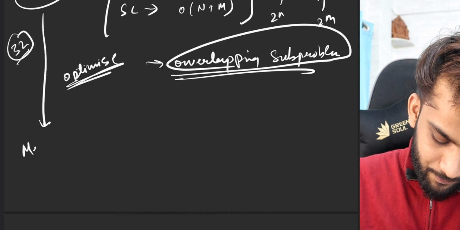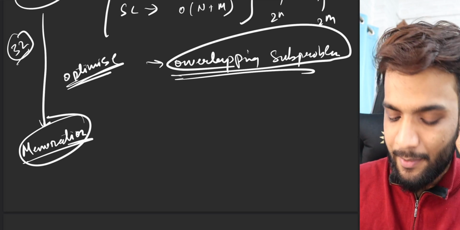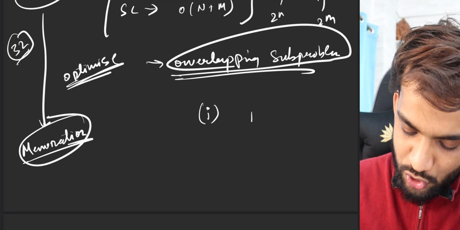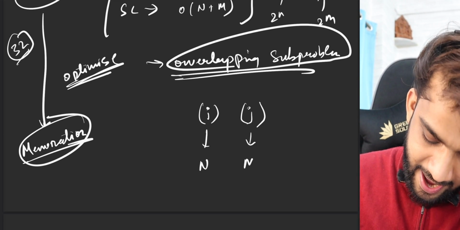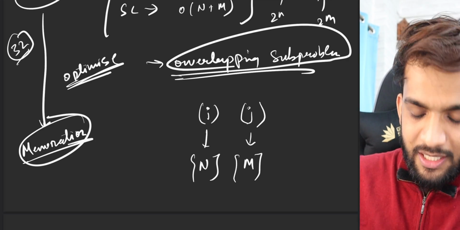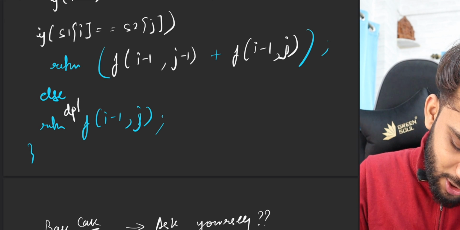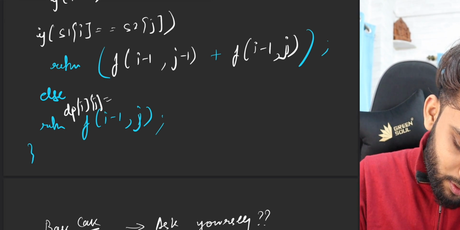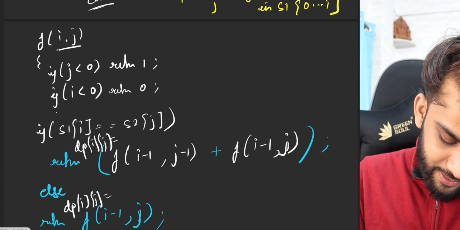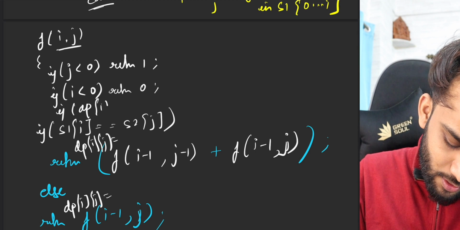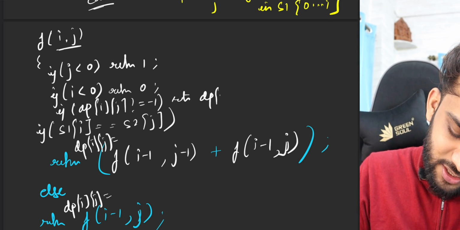Okay, so what do you do? A very simple memoization. And how do you memoize? What are the changing parameters? I, J. How much is I? N. How much is J? M. So N cross M dp, yeah? How do you do this? Right before returning, dp of ij equal to the result, and over here you write if dp of ij not equal to -1, return dp of ij, that's it.